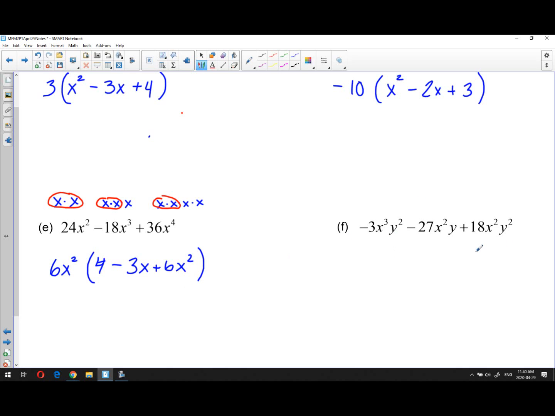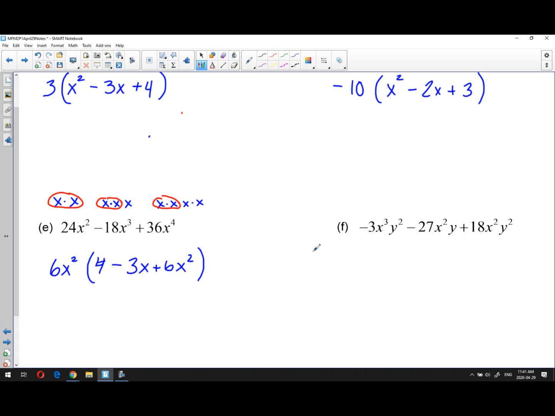Now this one here is another interesting one because in addition to exponents higher than 2, we also have another variable. We have y. Well, this is done the same exact way. Let's look at the coefficients first. 3, 27, and 18. The greatest common factor between 3, 27, and 18 is 3. The largest number that we could divide all 3 of those by is 3.